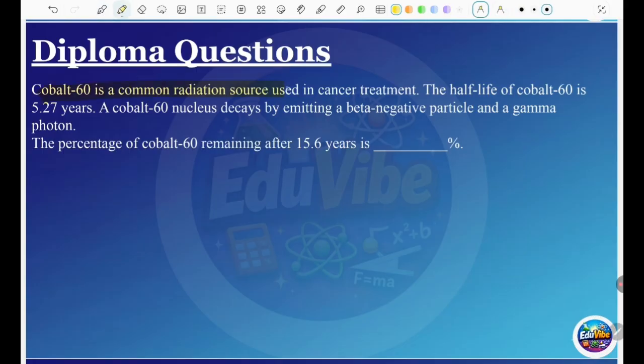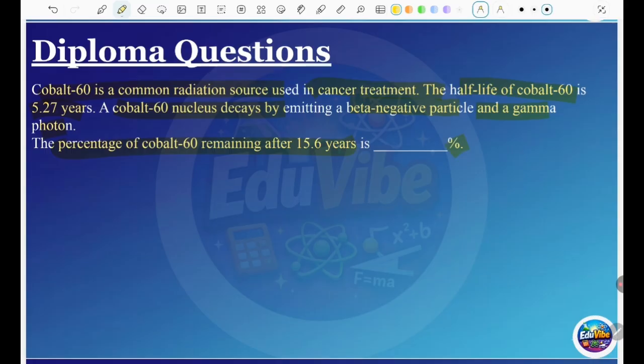The question says cobalt-60 is the common radiation source used in cancer treatments. The half-life of cobalt-60 is 5.27 years. The cobalt-60 nucleus decays by emitting a beta-negative particle and a gamma photon. There's extra information given. So we have to find the percentage of the cobalt-60 remaining after 15.6 years.